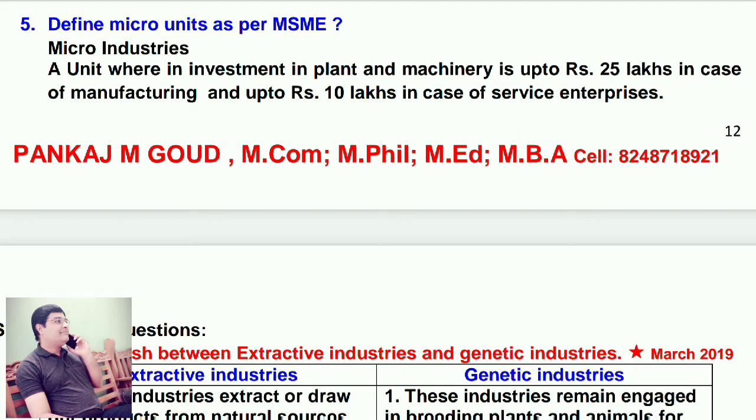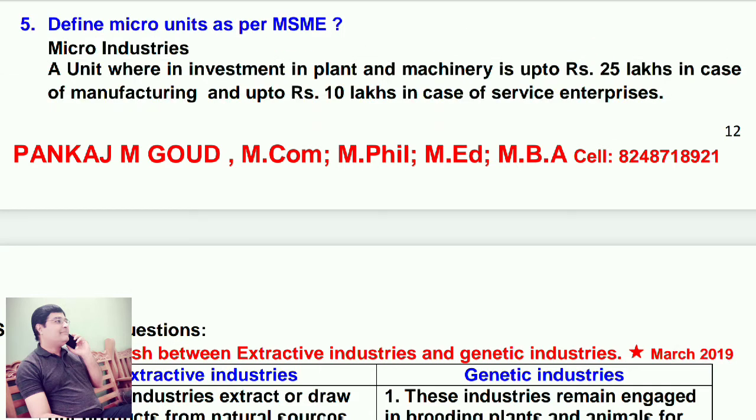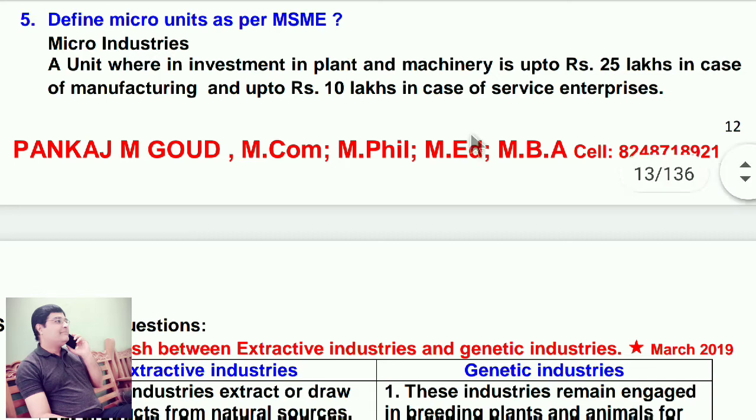So what is micro industries? Unit where investment of plant and machinery is up to 25 lakhs in manufacturing and up to 10 lakhs in the case of service enterprise.